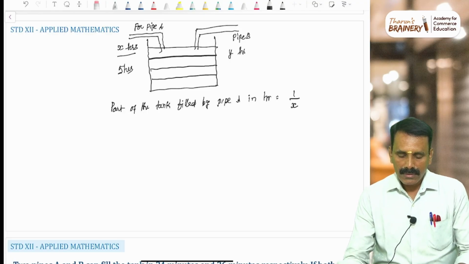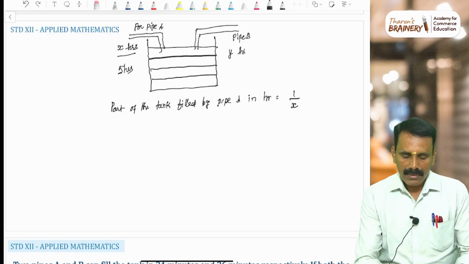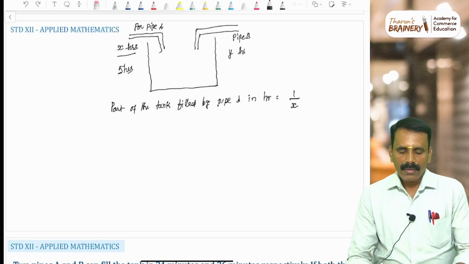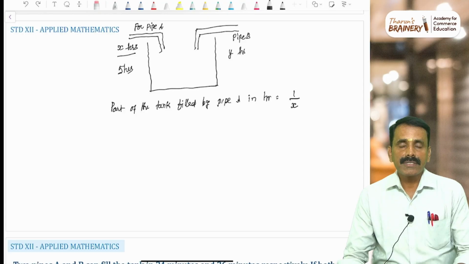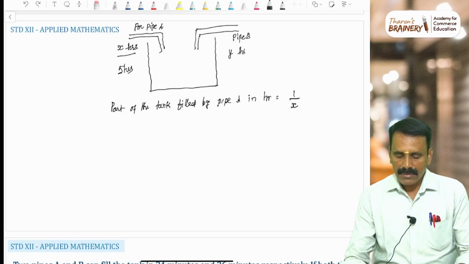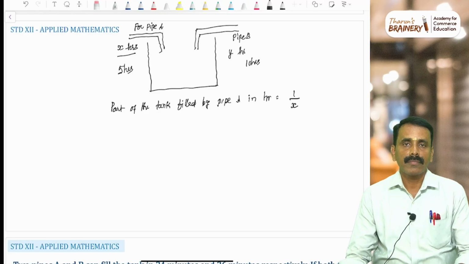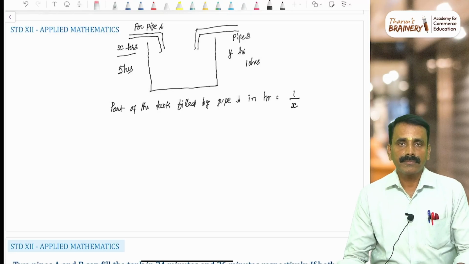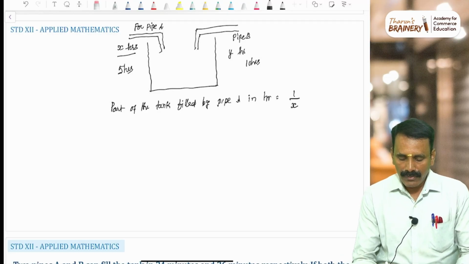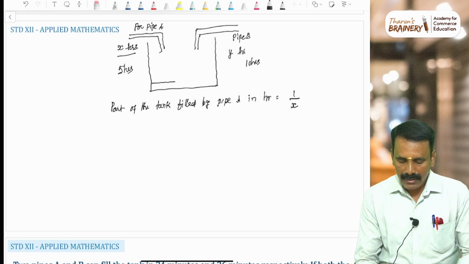Suppose pipe B takes 10 hours to fill the tank. What will happen? In the first hour it will fill only 1/10 of the tank.